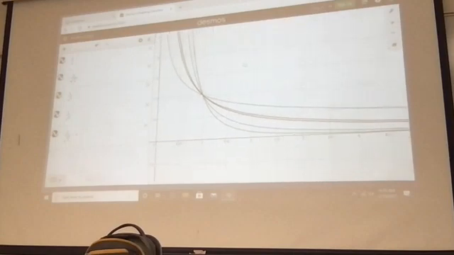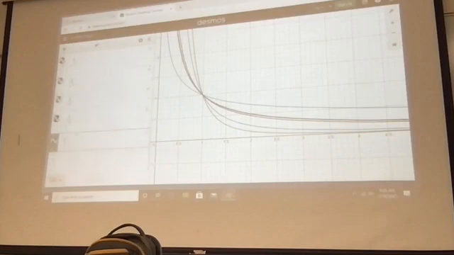But what we can see here is that this exponent, and actually let me rewrite this one as x to the 1/2. What we can really see here is that these are ordered in how big their exponent is.